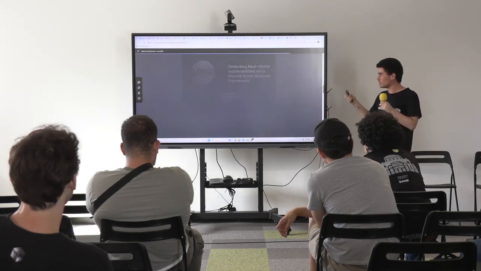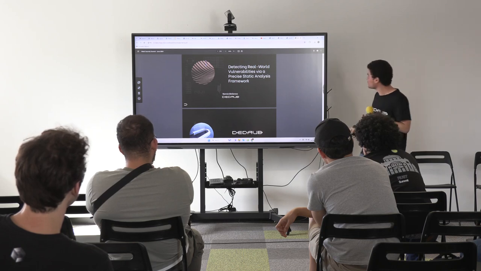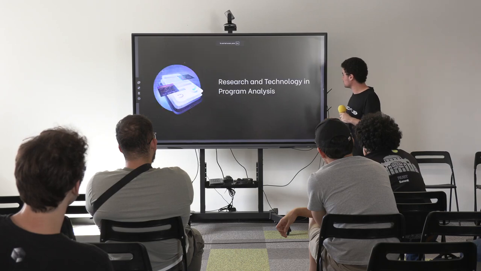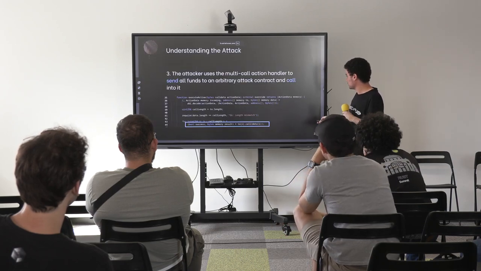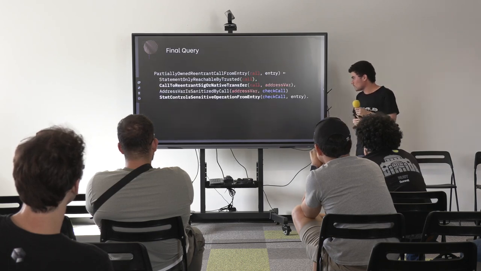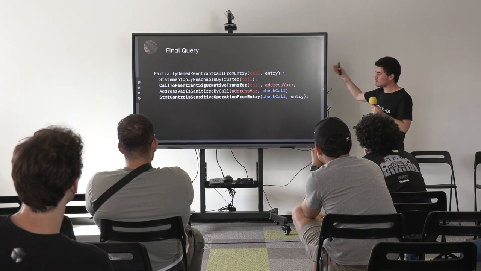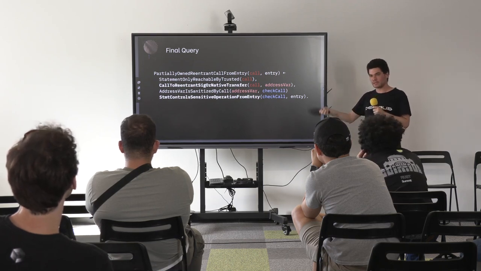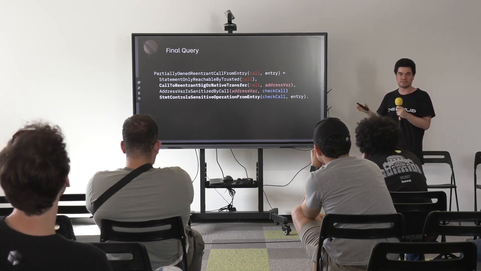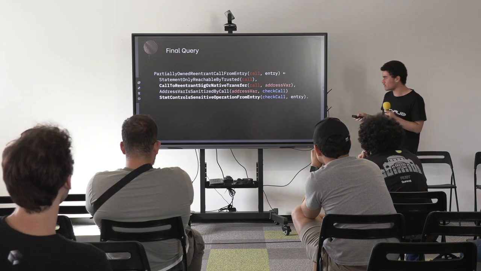So this detector should be, in theory, complete. All we care about other than this is the false positive ratio, again.